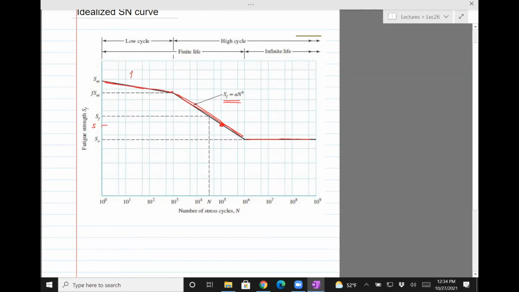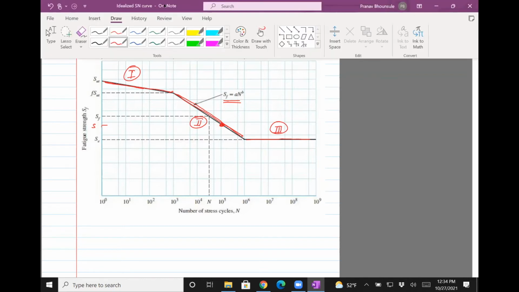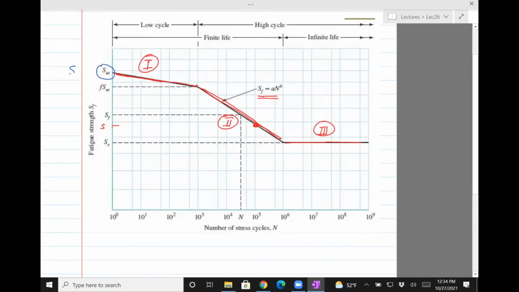So these are 3 lines, as I said, 1, 2, and 3. It turns out that you don't really require too much information to model them. It's kind of simple. S_UT is the ultimate strength, which we typically know for different materials.